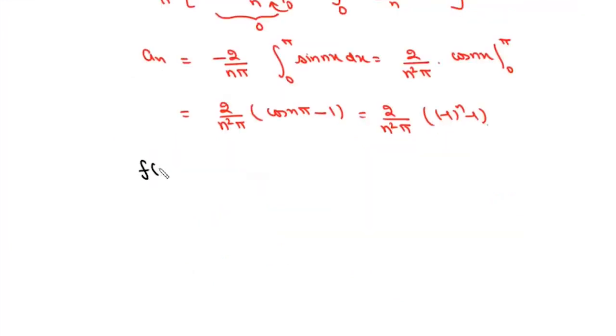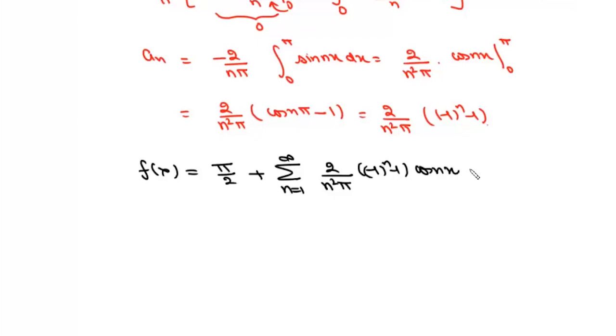So now we can write this function f(x) as a0 by 2, which in this case is pi by 2, and then plus the summation n varies from 1 to infinity 2 upon n square pi, minus 1 to the power n minus 1 into cos nx. Now if n is odd, then in that case we can write this as minus 4 upon n square pi cos nx, and if n is even, in that case it will be 1 minus 1, which is simply 0.